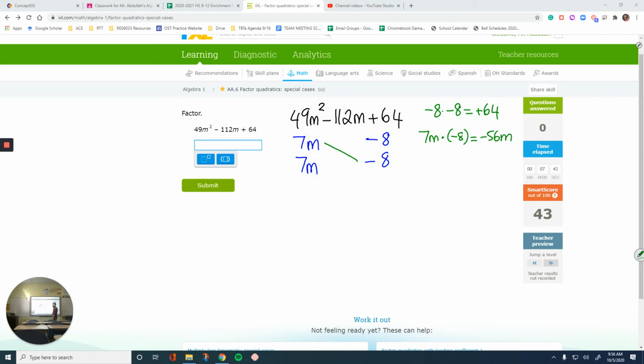You don't need to do it step by step the way I am doing it. And then 7m times negative 8 is negative 56m. And when I combine these two, I want it to be equal to negative 112. So when I combine them together, negative 56 plus negative 56 is negative 112.